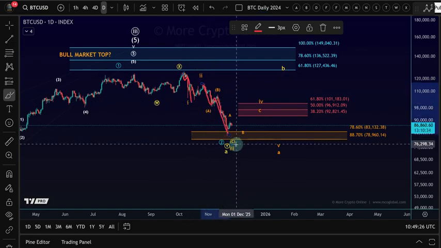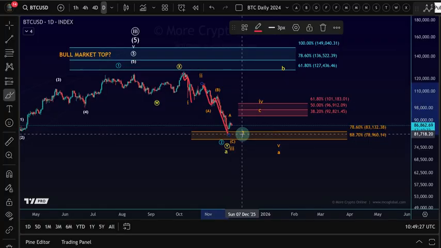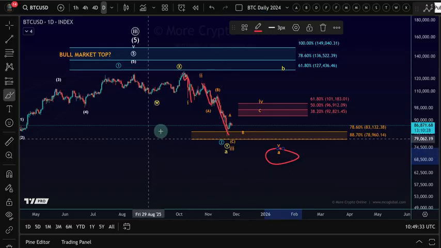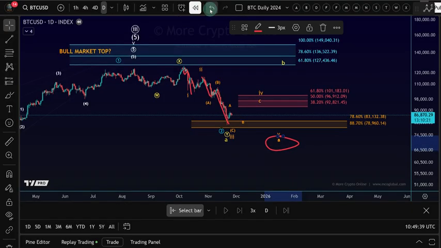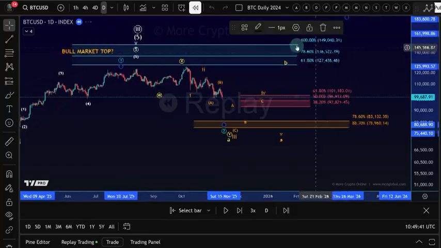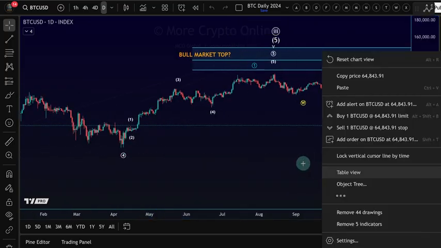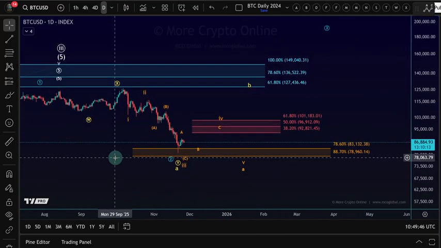So can the third wave be an ABC? Absolutely yes. In a diagonal pattern it can be. And an A wave can be a diagonal. A C wave can also be a diagonal. The only situation where that wouldn't be possible is in a full impulse, but hold on, we don't have an impulse here, okay? So that's absolutely fine. In fact, in today's markets, you will often see the third wave as an ABC structure.